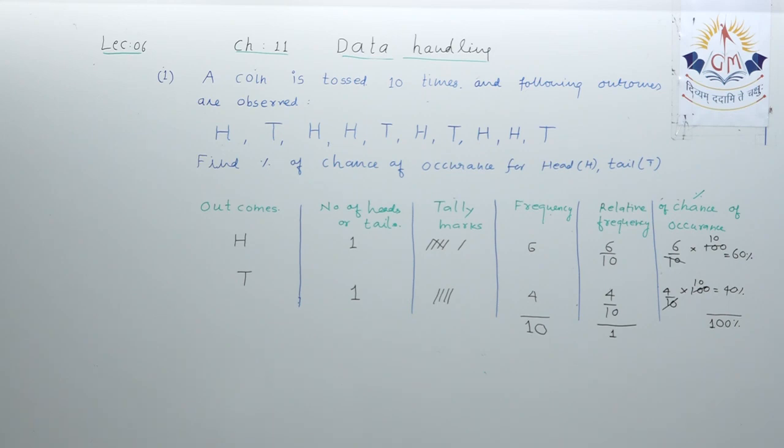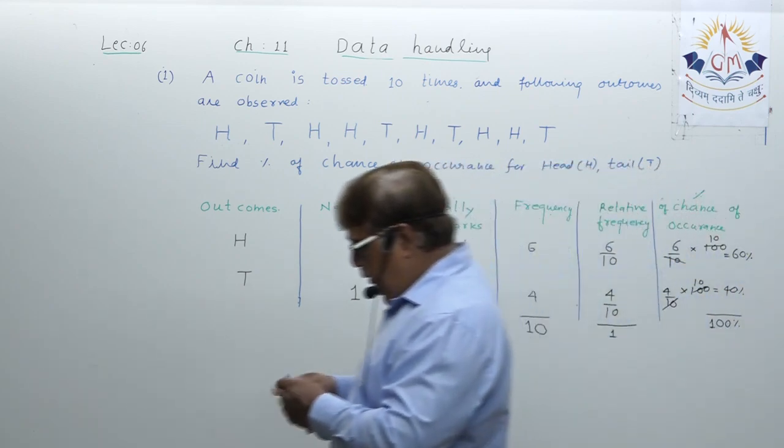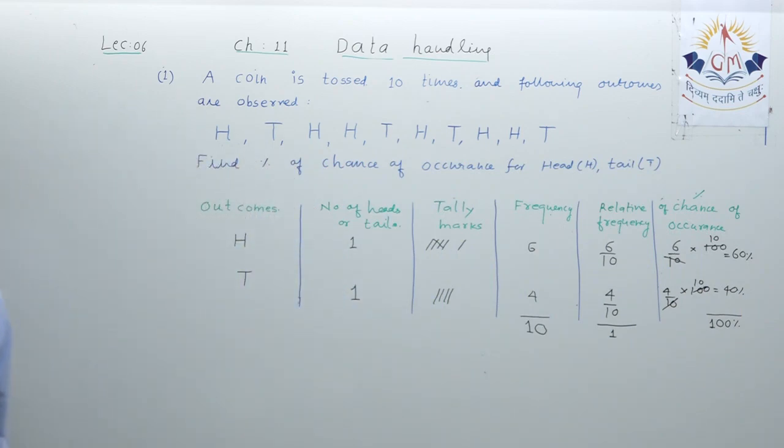Try to understand the sum, write down the data if anything was missed during the explanation, before we take another such type of but slightly more difficult example.